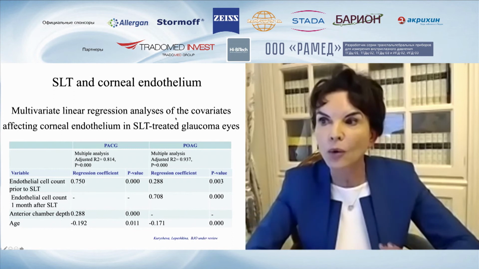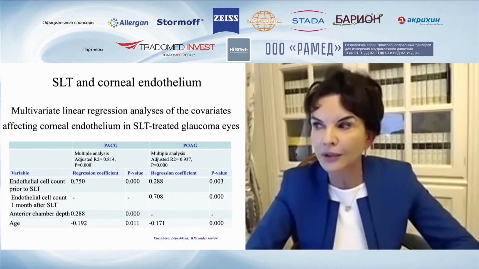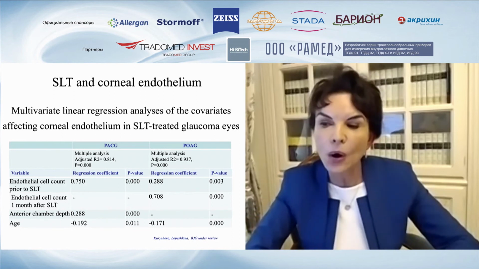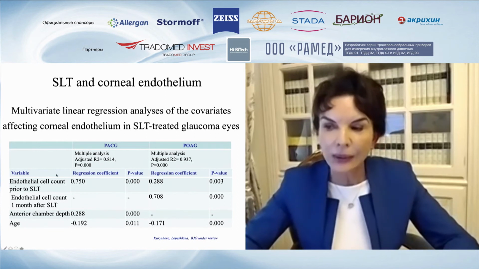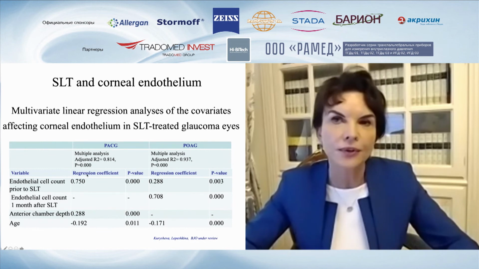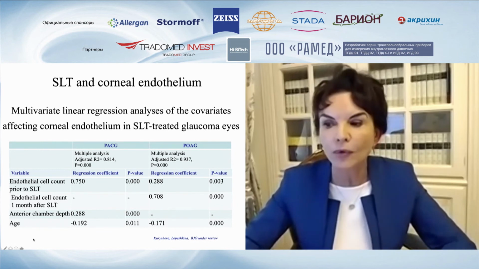According to the multivariate linear regression analysis, not only the baseline endothelium cell count plays a role in regard to the damage of corneal endothelium in both glaucoma forms, as well as the age of patients, but the anterior chamber depth is very important in primary angle closure glaucoma.